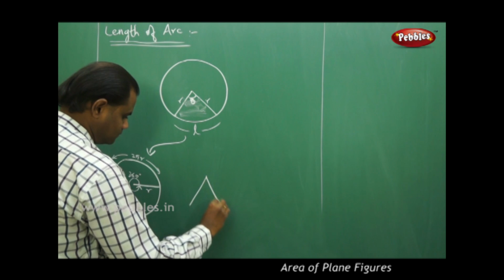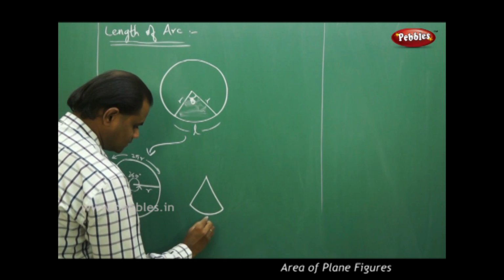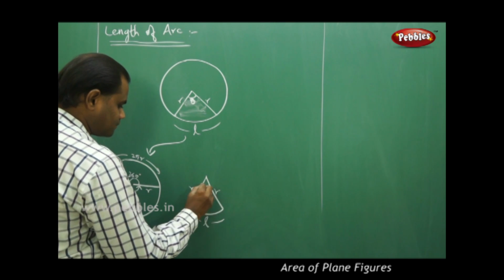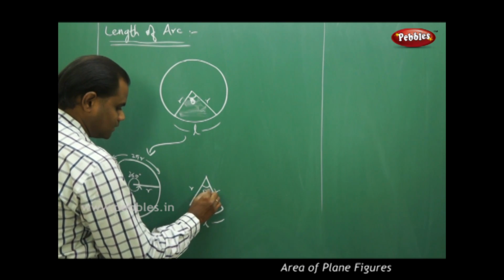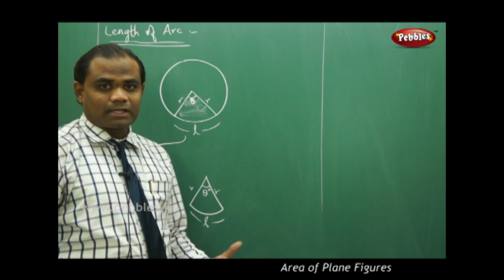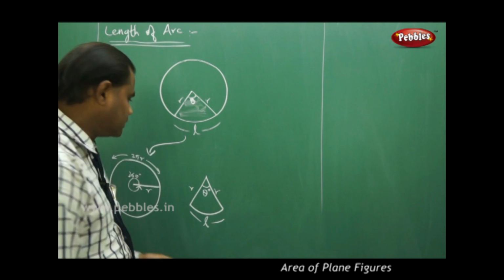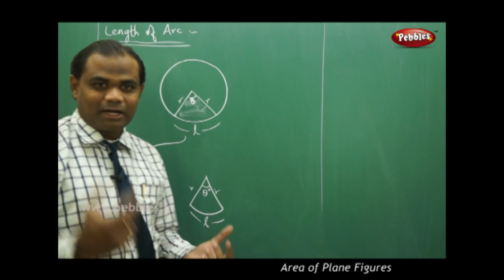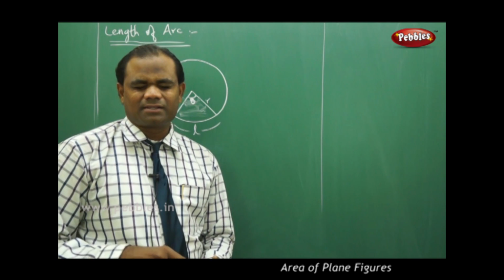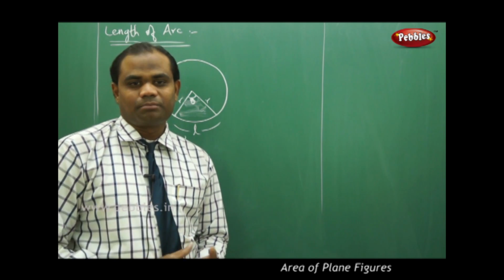So I have a sector with its length of arc as L and the radius is r and the angle is theta degrees. Now the two circumferences and angles are in the same proportion. Therefore, because the sector is part of the circle, their angles and their arc lengths are in the same proportion.